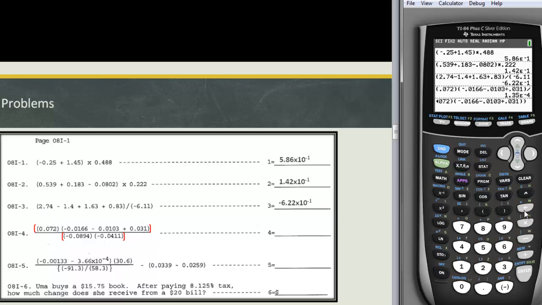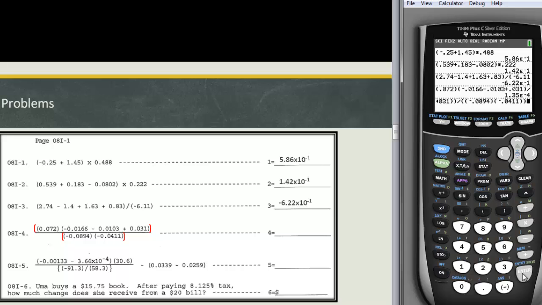Then I have my dividing sign. Then mentally I'm telling myself I need an extra pair of parentheses to tell the calculator I want you to solve everything on the bottom first before you divide. So I need two parentheses, then negative 0.0894, close, open, negative 0.0411, close, close, because I have the black and then the red.